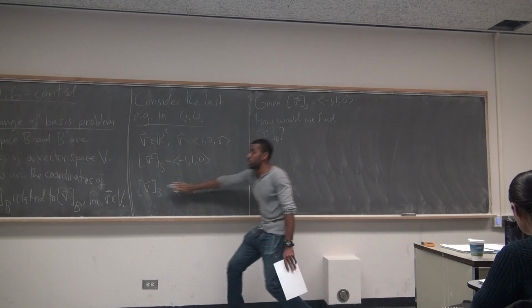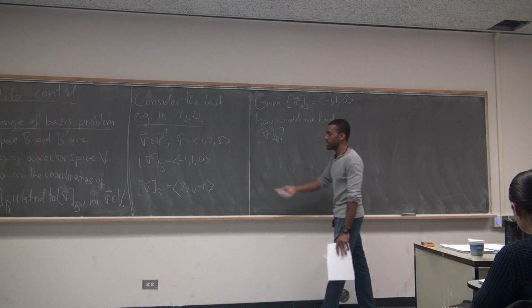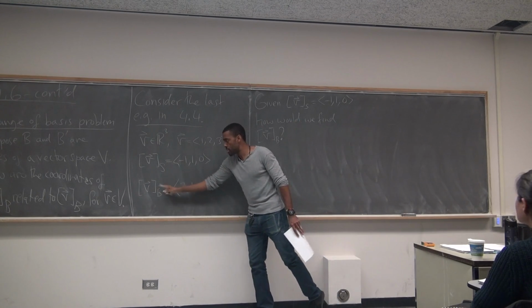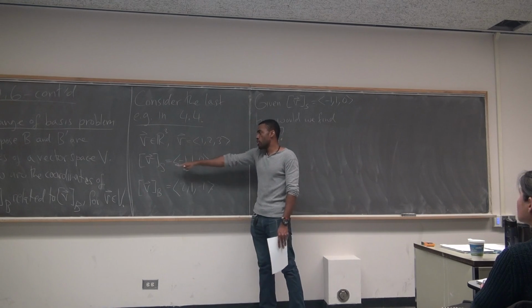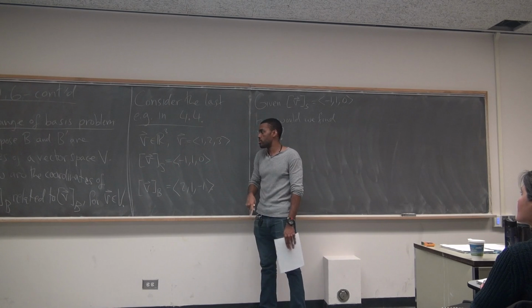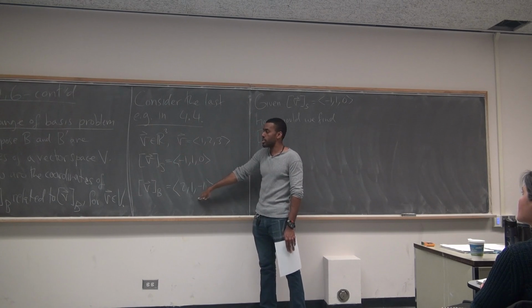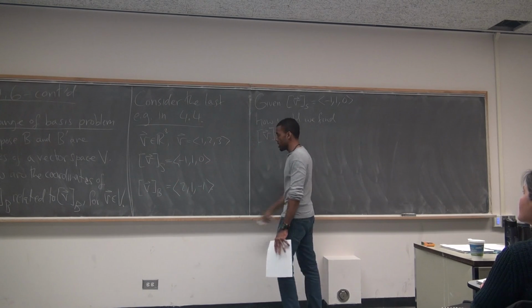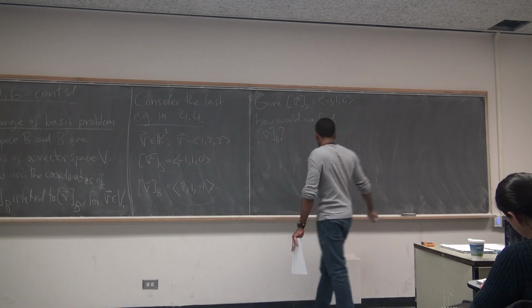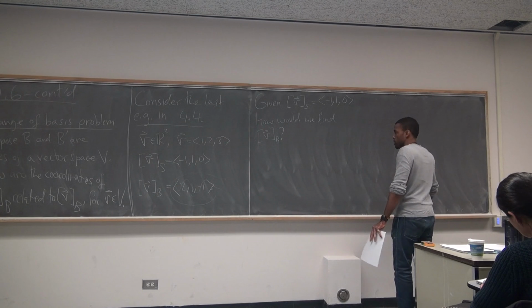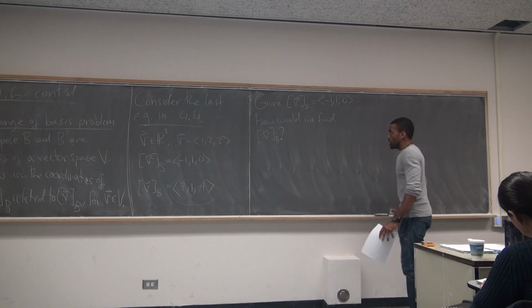So pretend that we didn't know this, right? But I know the basis. I know the set of vectors that define the basis B. I know the set of vectors that define the basis S. And someone told me, according to the basis S, this is the location of this vector. How would you find what it is with respect to the basis B? So pretend we didn't know this yet, and we want to figure that out. How do we get to that 2, 1, -1?